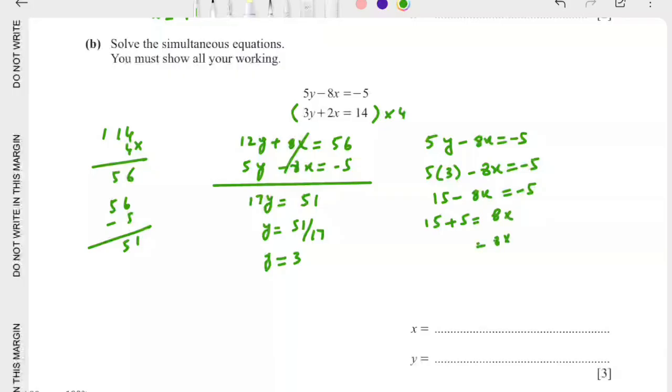So 8x would be equal to 20, and dividing both sides by 8 will simplify. 4 2s are 8, 4 5s are 20. So the final answer would be 5 by 2, or it can also be written in decimal as 2.5, and the value of y is already 3 that was calculated.